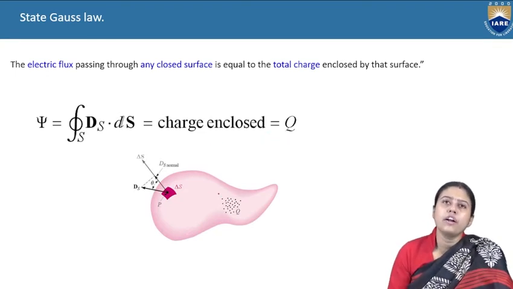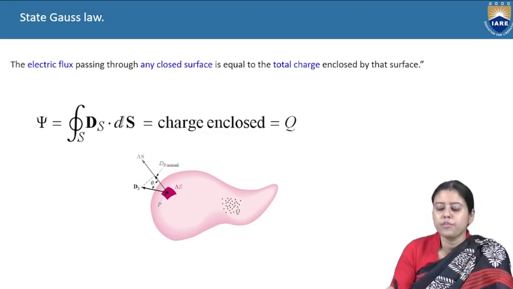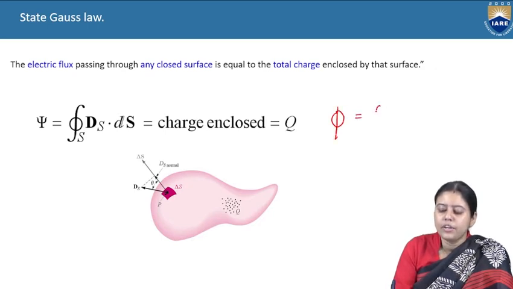Now, if we want to write the same formula for the magnetic field, what will be the formula? The flux phi is equal to the integration of B, the magnetic flux density, dot dS.